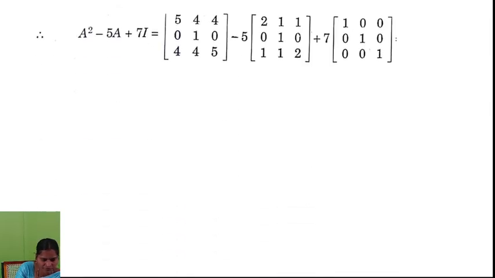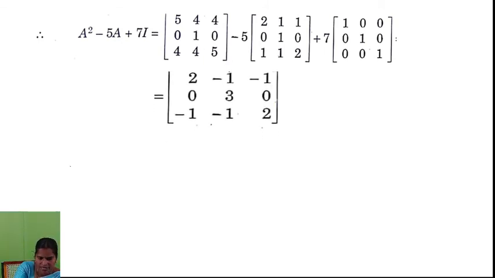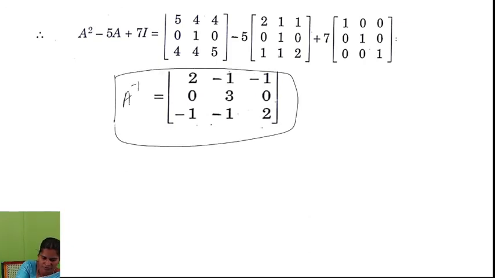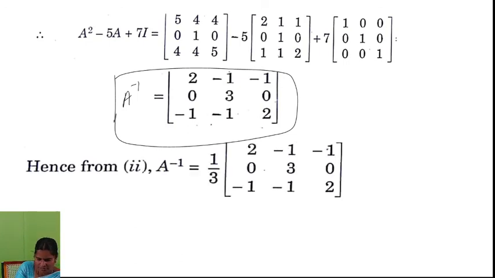Next, therefore the value of A square minus 5A plus 7I is, substitute each corresponding term, we will get the value of this equation. Therefore A inverse is nothing but the value of this. So this is our A inverse. A inverse is 1 by 3 into the matrix value. Now the A inverse is this.